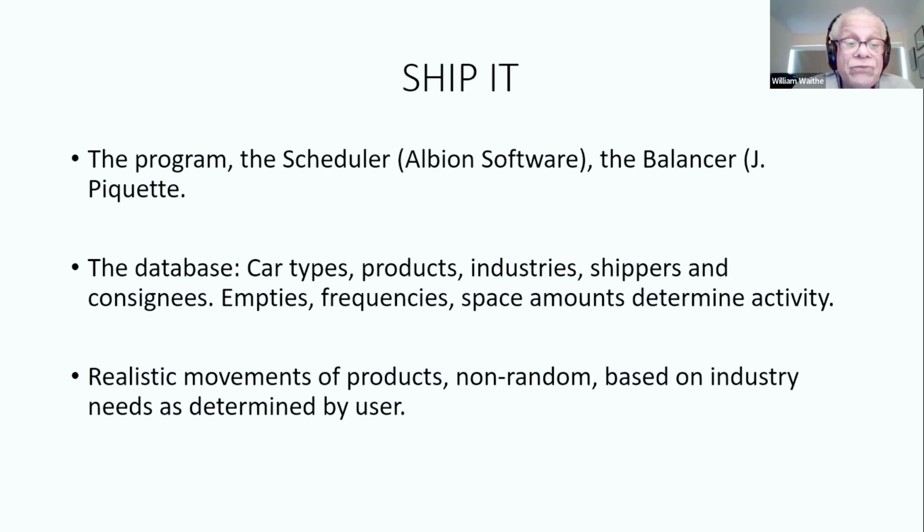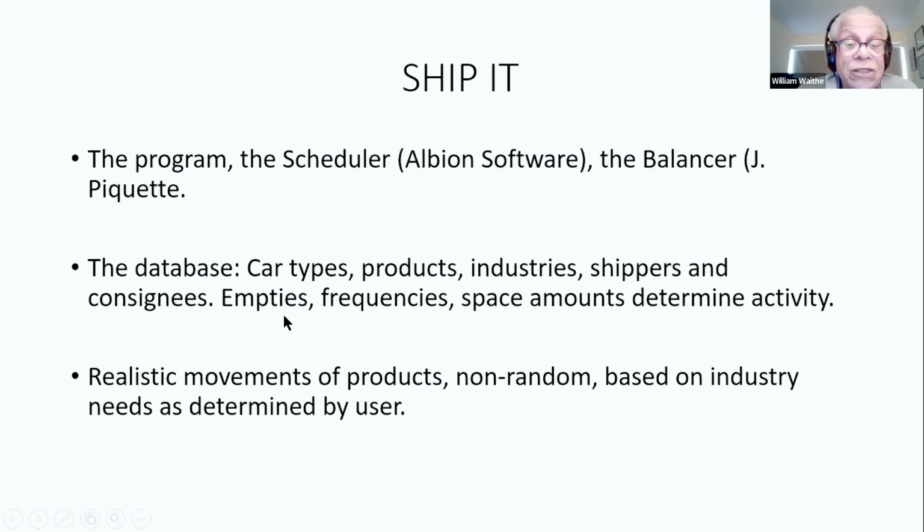In the system, you create a database, and in the database, you select the types of cars you need for your industries. You have to research your industries carefully so that you know exactly what products they need, what products they produce, and your car types will be based on that. And what you will ship and what will be the consignments that are needed.